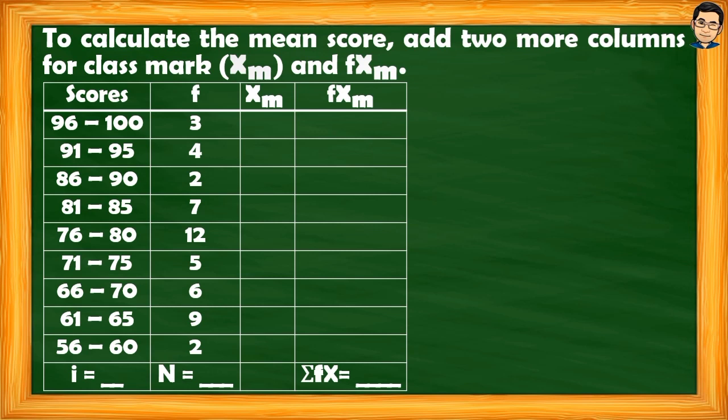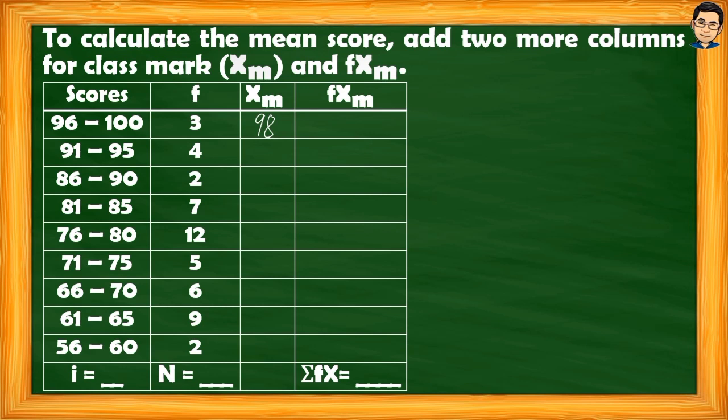Paano ba kinukuha yung class mark? I-add lang po natin yung 96 tsaka 100 and then i-divide natin sa 2. 96 plus 100 we have 196, divided by 2 we'll have 98. Pwede rin naman ilista natin yung mga numbers, and yung middle value, yun po yung magiging class mark.